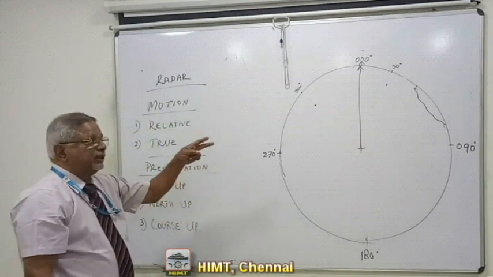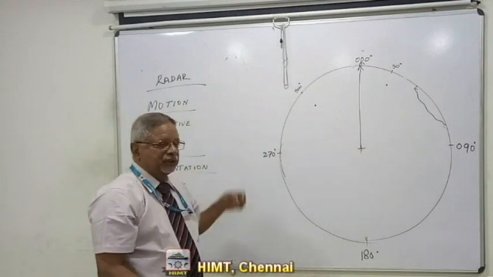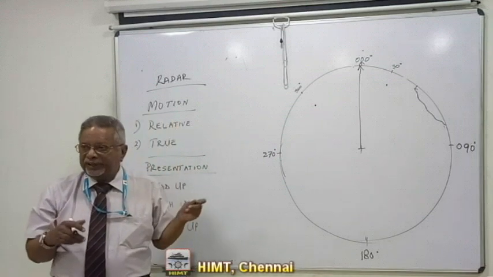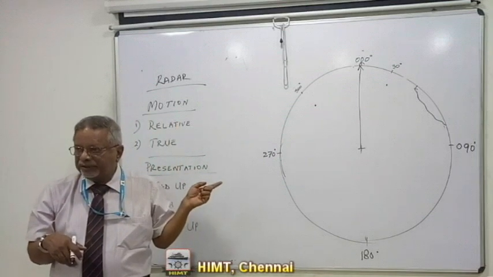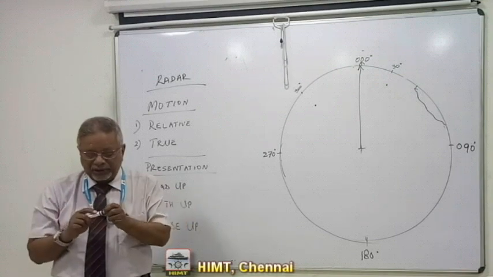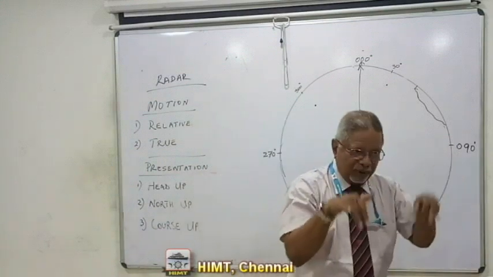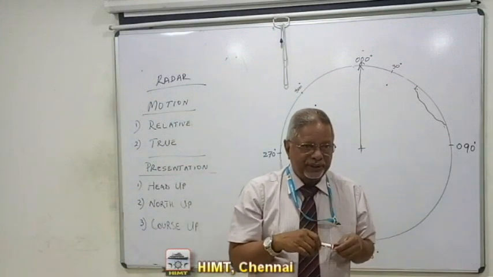These are the ships which are outside. This is a landmass outside. When I look outside, will I see the same picture? Yes, sir. So in the head-up presentation, whatever you are seeing outside is what you will see exactly on the screen.